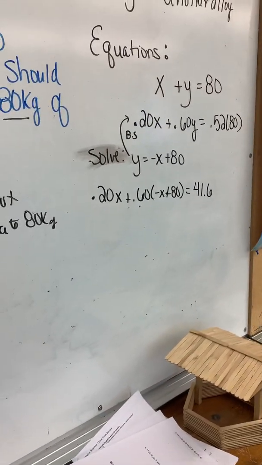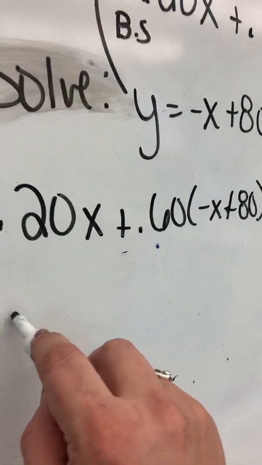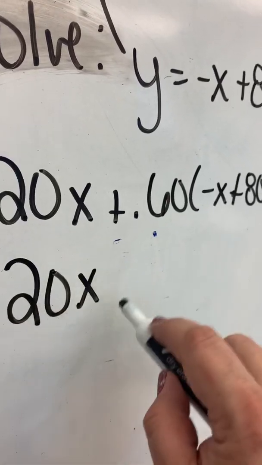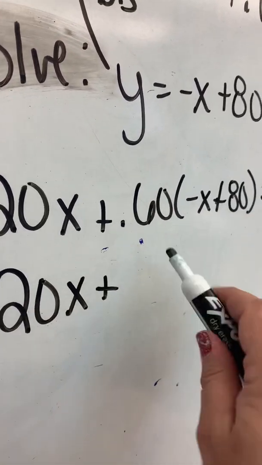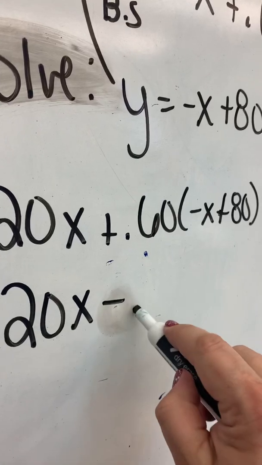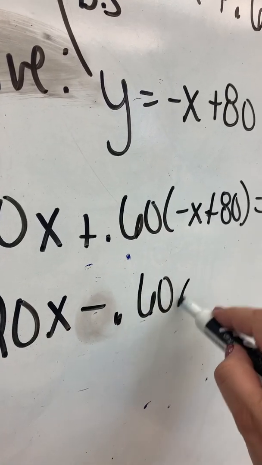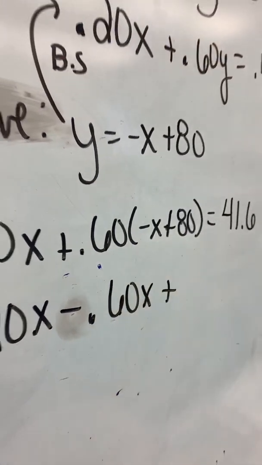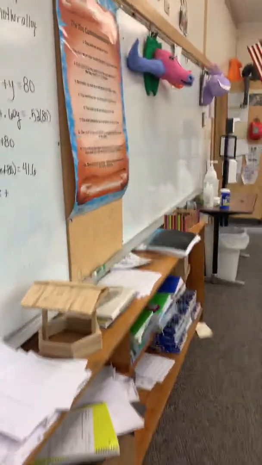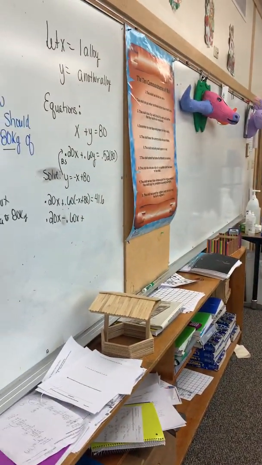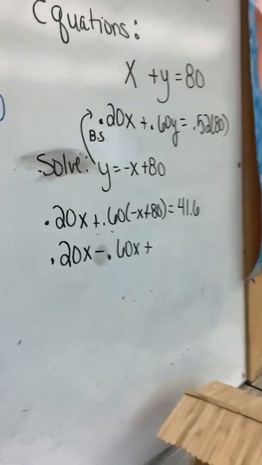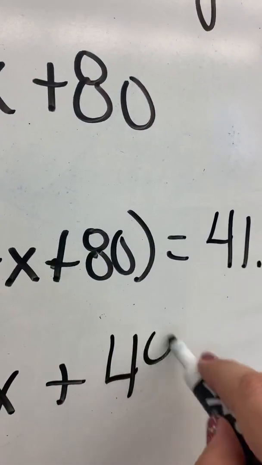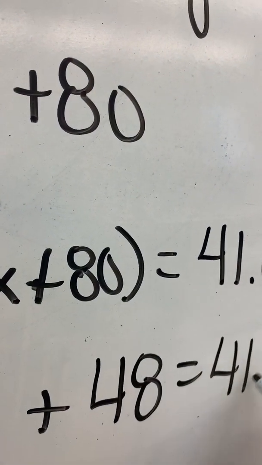From here, let's solve. 0.20x plus, I'm going to distribute that through. So that's going to actually become a negative 0.60x plus, what's 0.60 times 80? 48 equals 41.6.